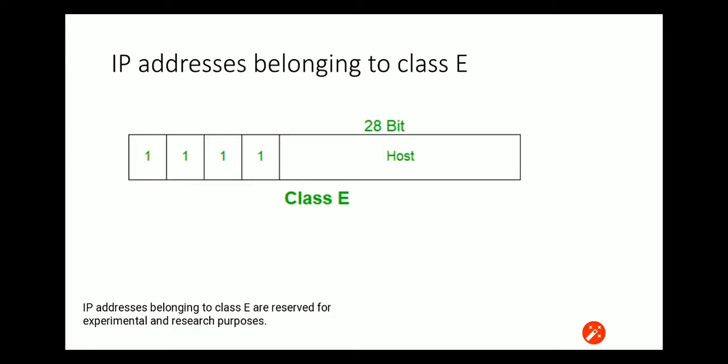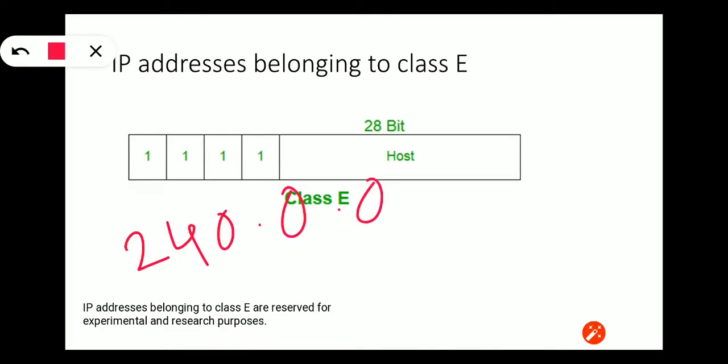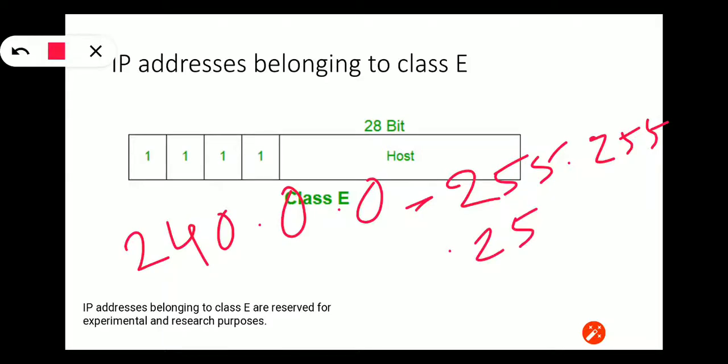Okay, IP addresses of class E range from 240.0.0.0 to 255.255.255.255.